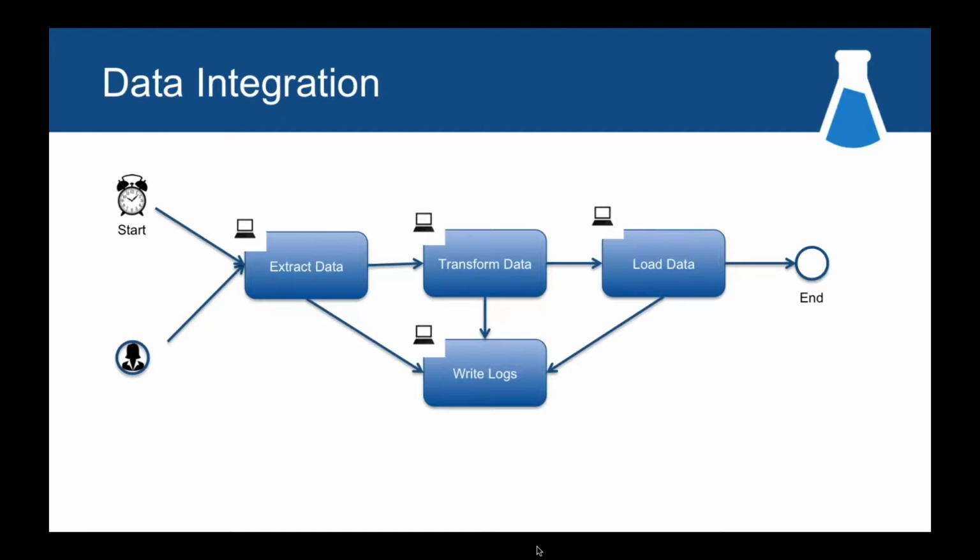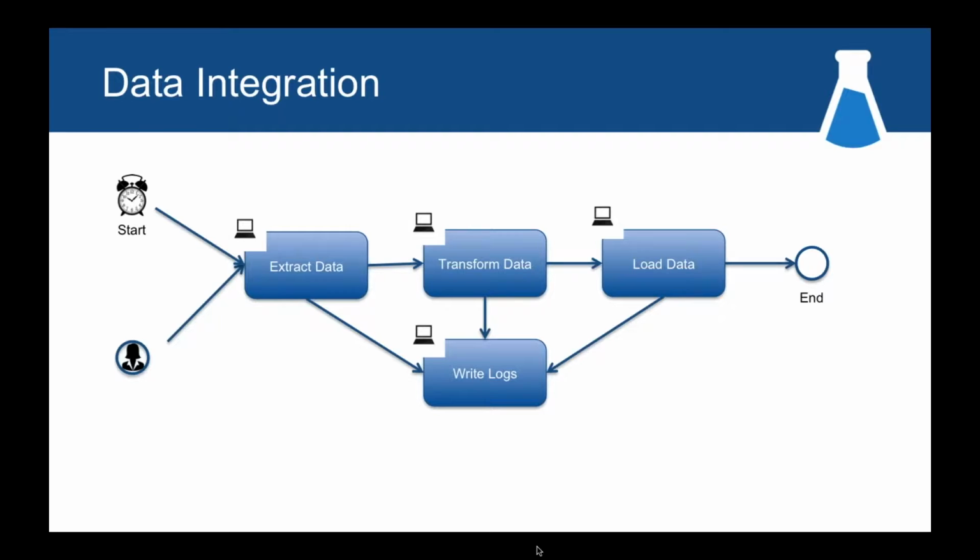So the flow for that looks something like this, as implemented in LabKey, but also just a general ETL. So it can be started either based on a timing parameter that you've set up, so started on a schedule, or a person can start it manually. And then the process takes over. It will, according to the configurations that you've set up, extract the data from one source and possibly transform it or not.